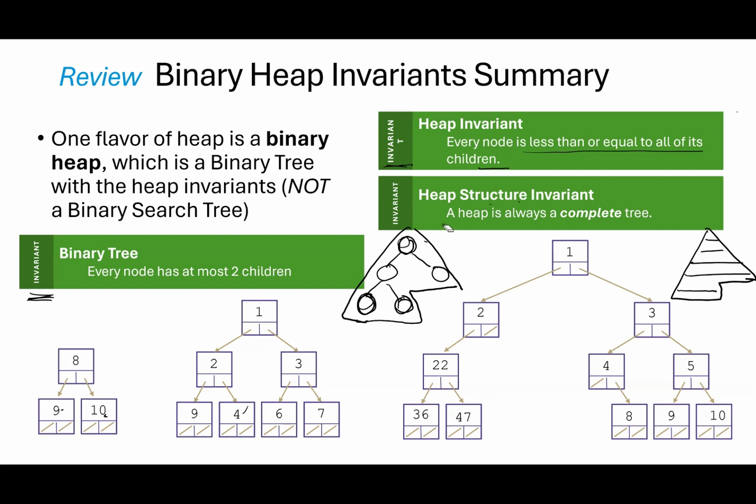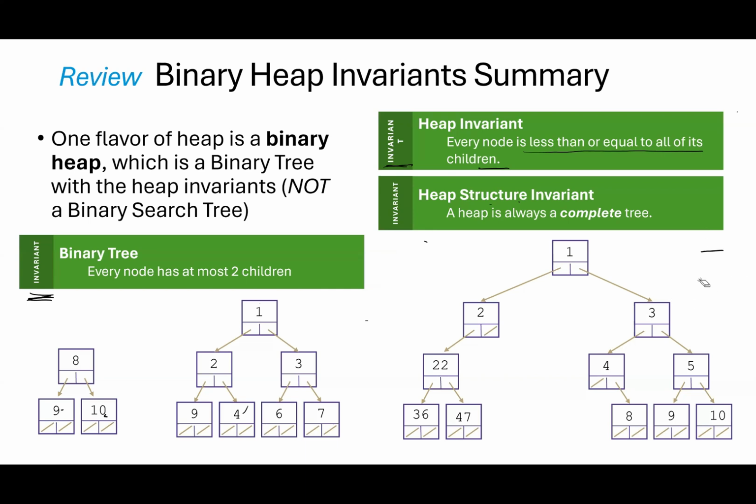Okay, so let's look at this one. Is this a priority queue? Now you see, the first invariant is binary tree, that's true, right? It's a binary tree. None of the nodes have more than 2 children. That is fine. And now the second invariant, the heap invariant: is every node less than or equal to all of its children? Let's see. Is 1 less than 2 and 3? Yes.